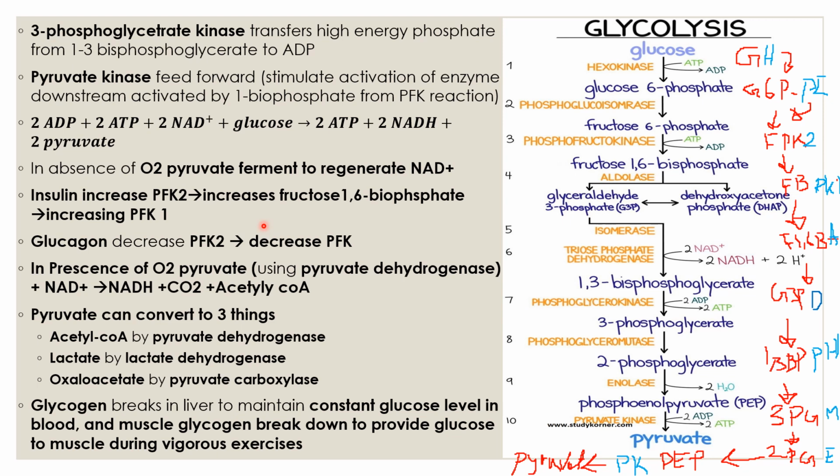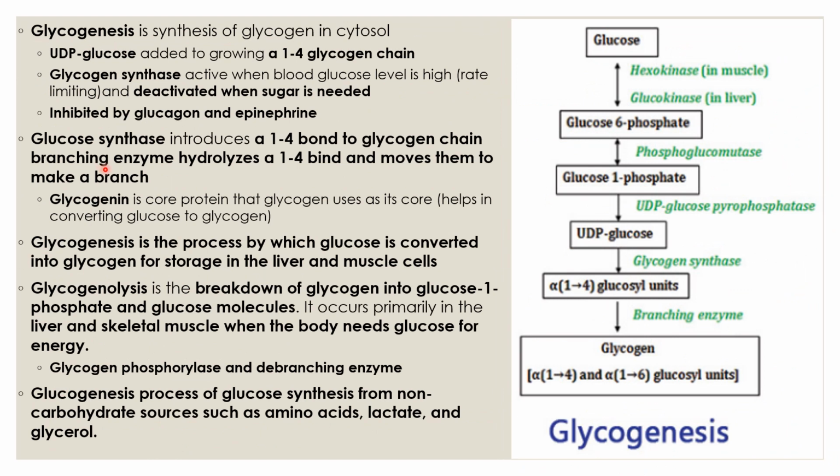Glycogen breaks down in the liver to maintain constant glucose levels in the blood. Okay, glycogen wants to maintain glucose level, and glycolysis wants to break down glucose into pyruvate for cellular respiration. And muscle glycogen breaks down to provide glucose to muscle during vigorous exercise. Next, we have glycogenesis.